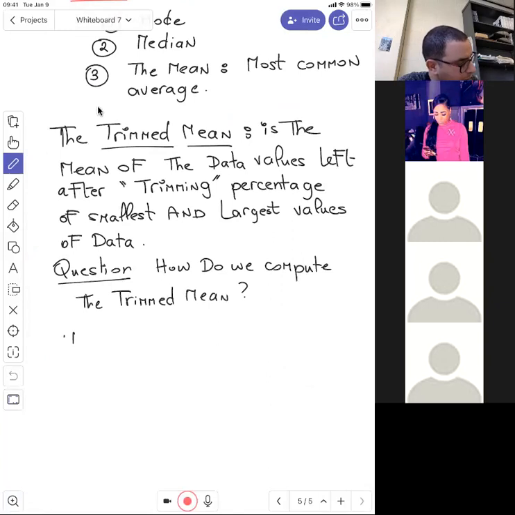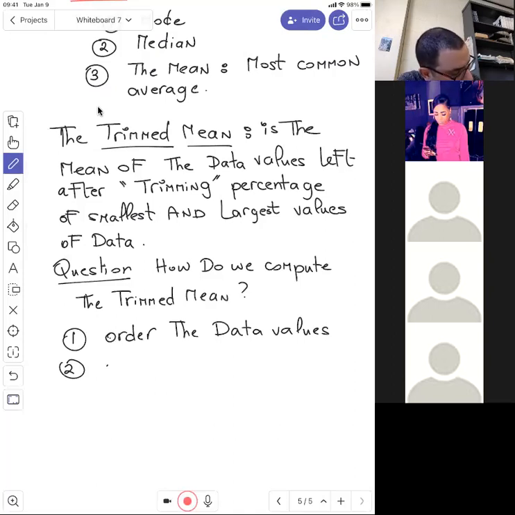First step, we said you need to order the data values, like what we do when we compute the median. So we need to order the data values.